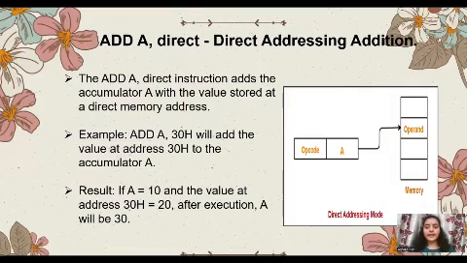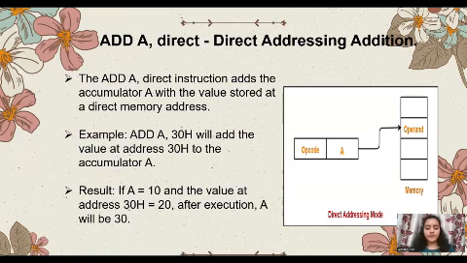ADD A, direct is a direct addressing addition. It adds the accumulator A with the value stored at a direct memory address. For example, ADD A, 30H. It will add the value at address 30H to the accumulator.